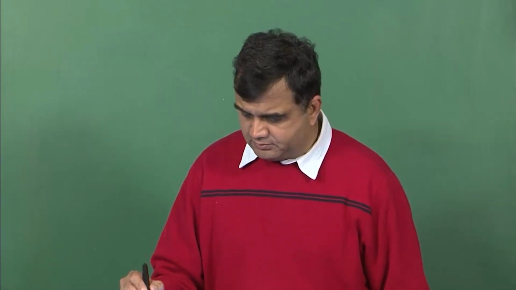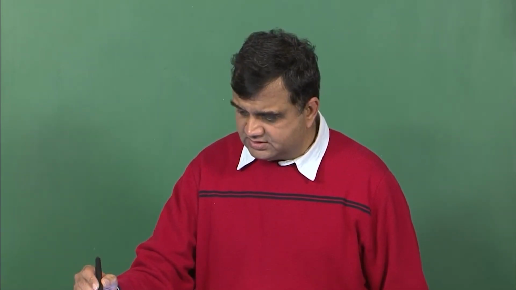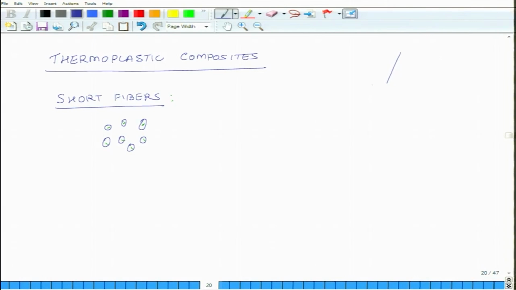So, suppose you want to make a part like this. The way you do it is you have a die, and you have a top part. So, you have a bottom part and you have a top part.